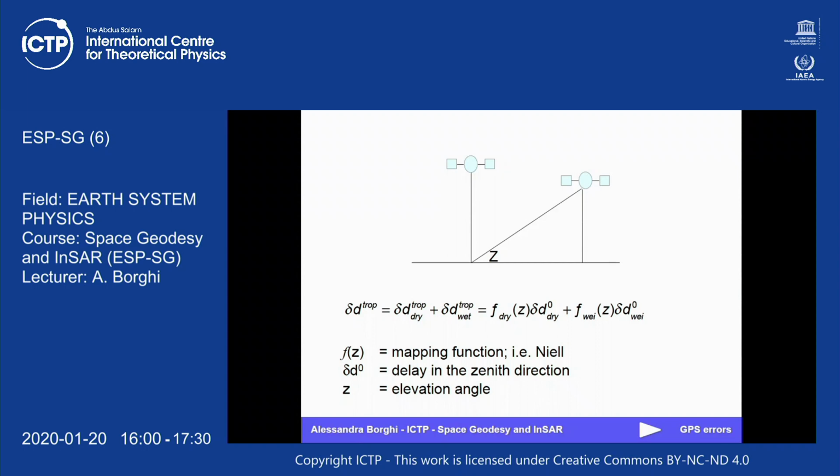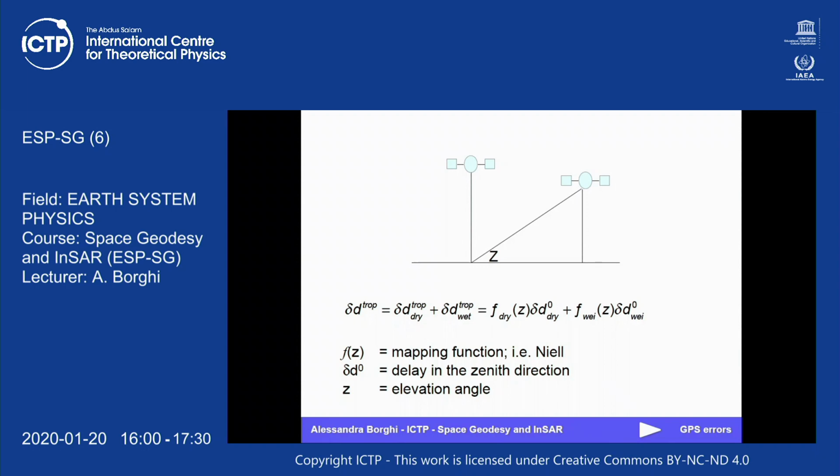The tropospheric delay can be split into dry and wet delay, and each part can be modeled using a mapping function, for instance the Niell mapping function. Mapping function means that if you have a delay at the zenith position, this delay is propagated related to the elevation angle of the satellite.